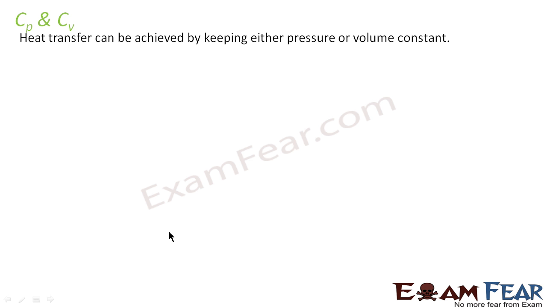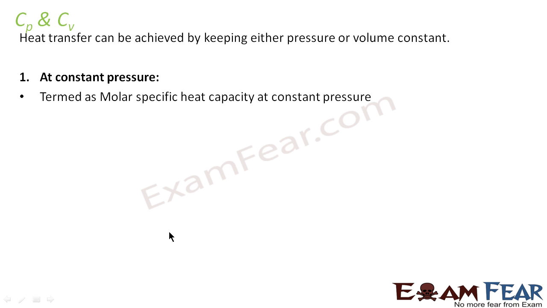So if you want transfer of heat to take place, there has to be a temperature difference, right? Only then heat transfer will take place. Now in order that heat transfer takes place, it is also important that we keep either pressure or volume constant. Now, when pressure is kept constant, then the molar specific heat capacity is denoted by C with P as the subscript, and it is known as molar heat capacity at constant pressure.